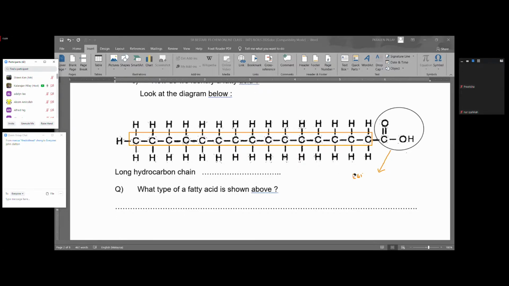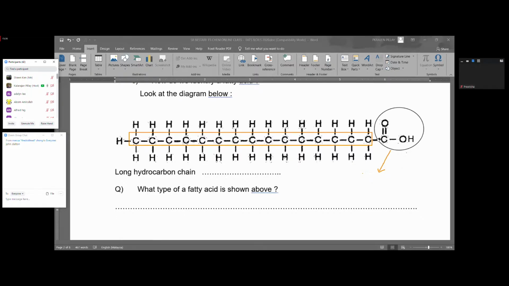It's very clear. So that's how you identify a fatty acid. If it's more than 10 or 11 or 12 or 13, 14 or 15 carbon atoms, then we don't call it a carboxylic acid, we call it a fatty acid. But it has the hydrocarbon chain and the carboxyl group, just like any carboxylic acid. We just don't say carboxylic acid, we say fatty acid.